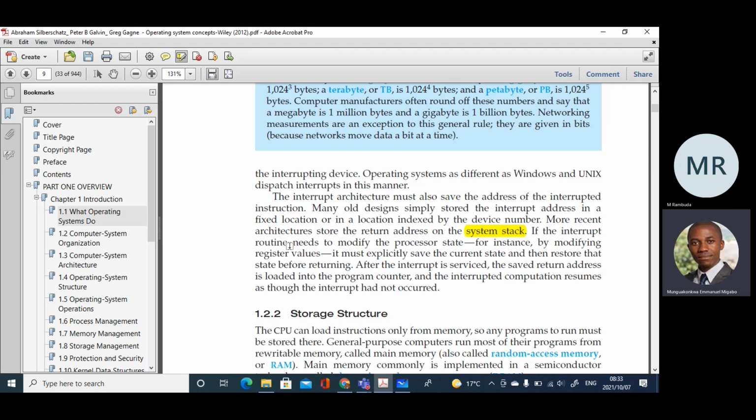If the interrupt routine needs to modify the processor state, for instance, by modifying register values, it must explicitly save the current state, then restore that state before returning. So we don't just store the address of the instruction that was executing when we were interrupted.